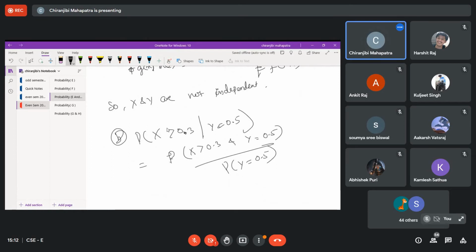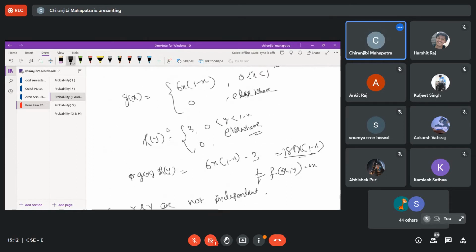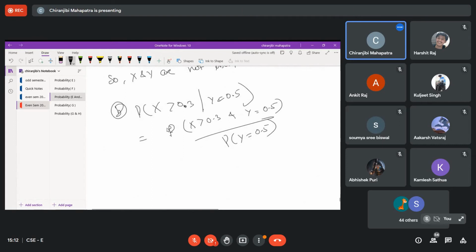ठीक है, और इसको इस तरीके से नहीं लिखते हैं, ऐसे डिस्ट्रीब्यूशन फाइंड करते हैं क्योंकि कंटिन्यूअस है ना इसलिए. So first of all find out f of x given y equals y.